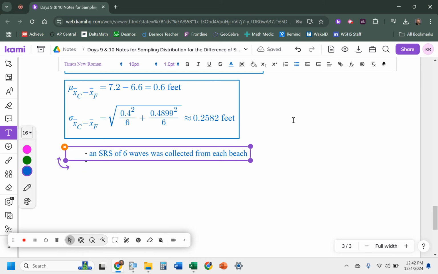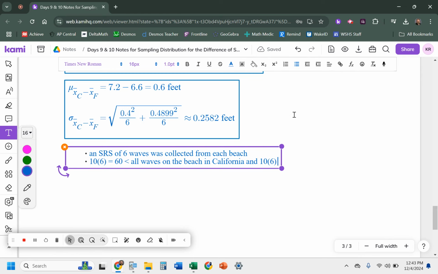The next one is to check to see if it's independent. So they took 6 waves from each beach, so 10 times 6 would give us 60, which is definitely less than all waves on the beach in California, and, let's do it again, 10 times 6 is equal to 60, which is less than all waves on the beach in Florida.